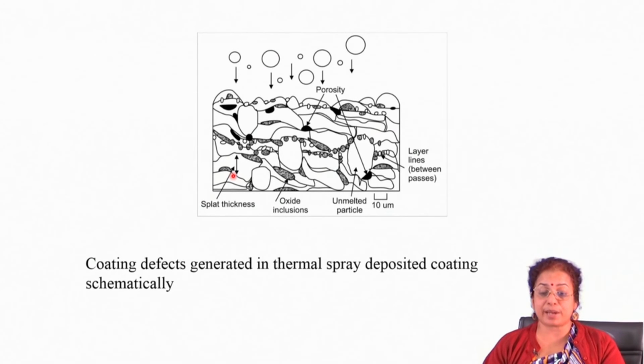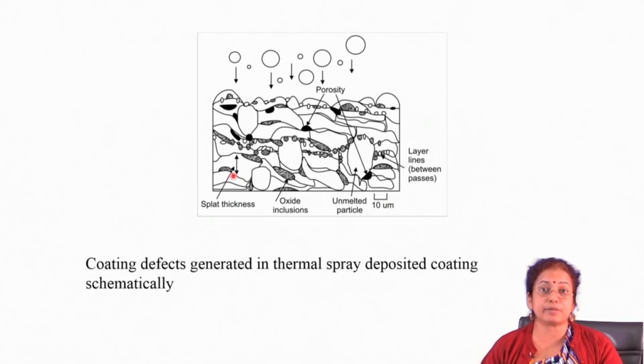Splat dimension, or splat thickness, is very important, because it gives you information about the coating dimension, and depending on the splat thickness the cooling rate also varies. The thinner the splat, the higher the cooling rate and the finer the microstructure.